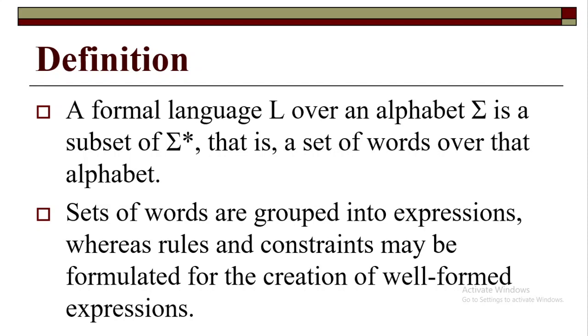Then this is the definition of a formal language. A formal language L over an alphabet set sigma is a subset of sigma star, that is a set of words over that alphabet.